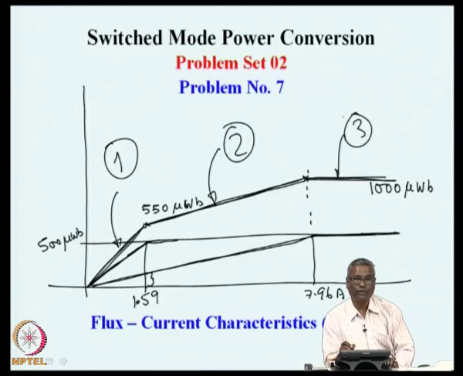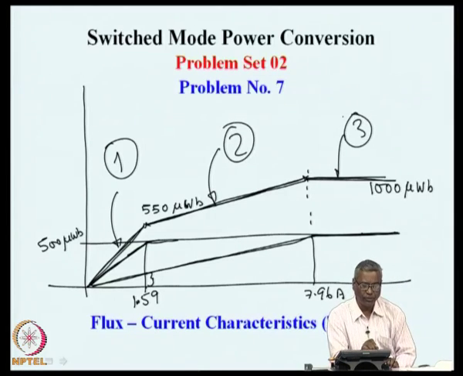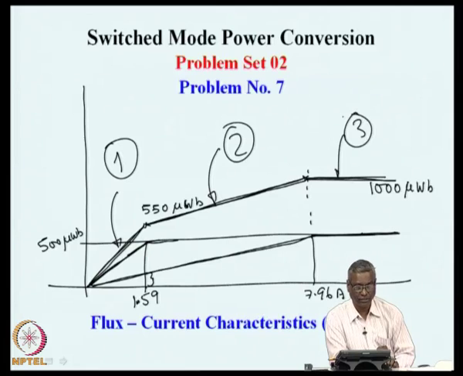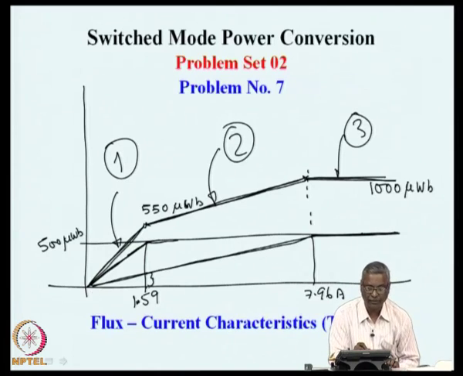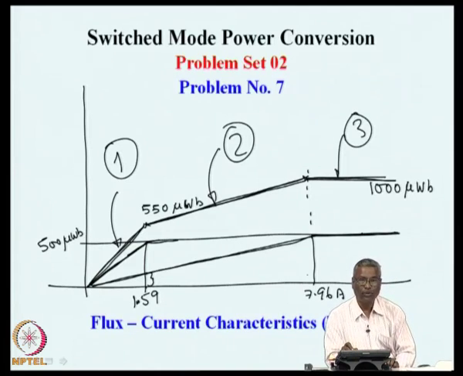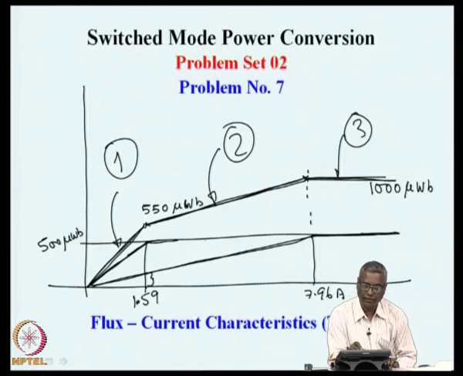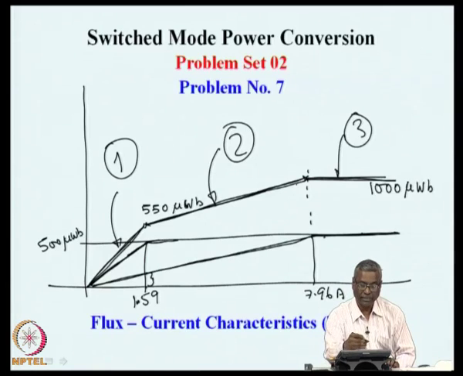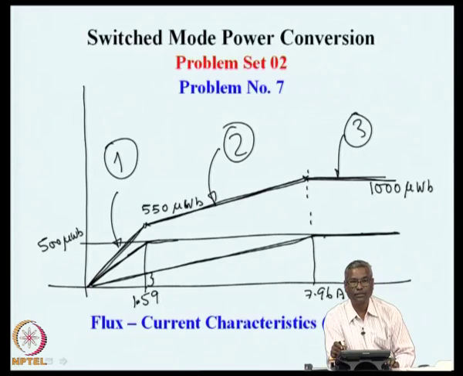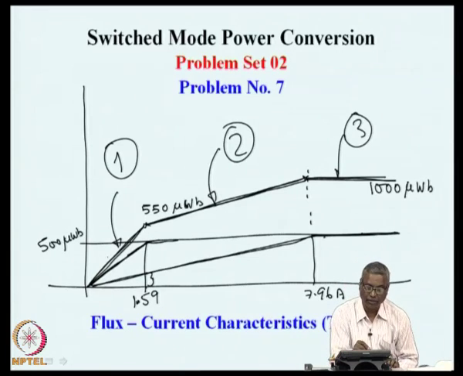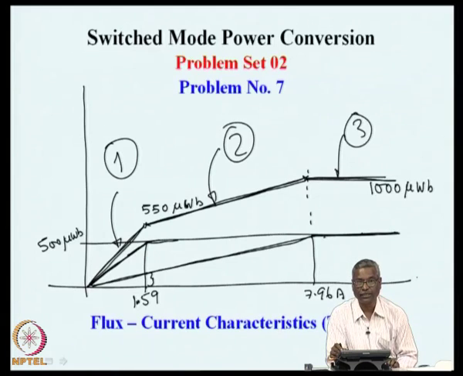So, in region 1, both the cores are contributing to the inductance, the flux is increasing with current. In region 2, core 1 has already saturated. So, the slope of this line and slope of this line are equal, the same, everything is shifted by a certain amount of flux, and in region 3 both the cores are saturated and we do not have any flux change as the current is increasing.